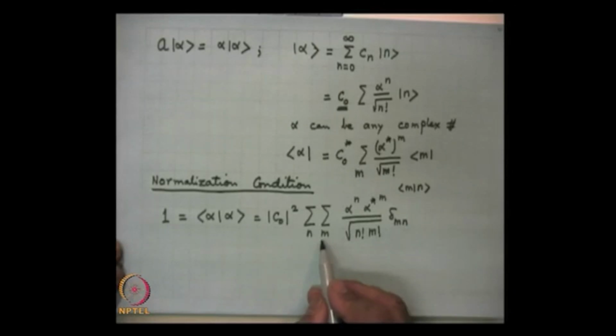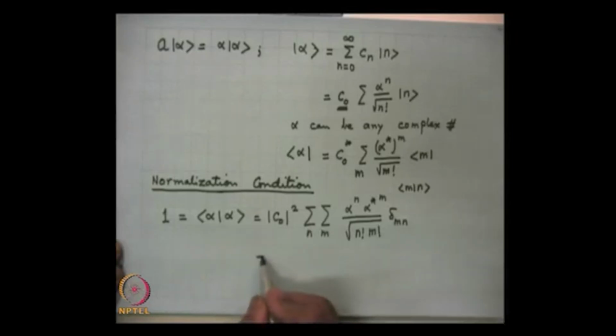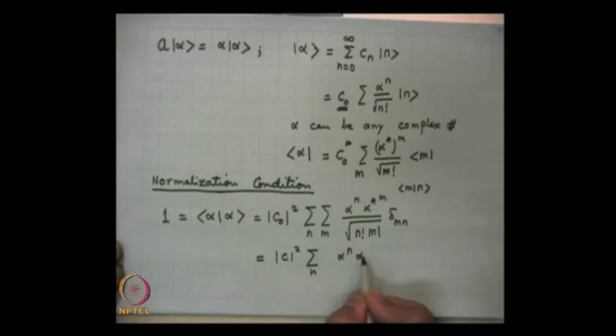So, if I sum over m, only the m equal to n term will survive. So, for each value of n, I get C 0 square, alpha to the power of n, alpha star to the power of n, divided by, since n and m are becoming equal, n factorial times n factorial.